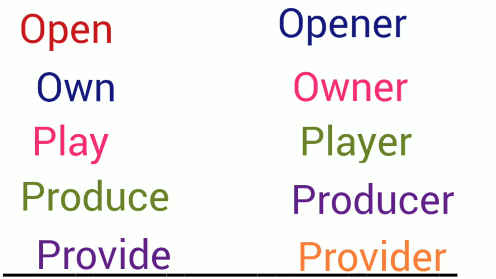No, you can only say these are the players. And you cannot say again, this is the produce. No, you can only say this is the producer. Okay, and you cannot equally say he is the provide. No, you can only say he is the provider. Do you understand it better now?